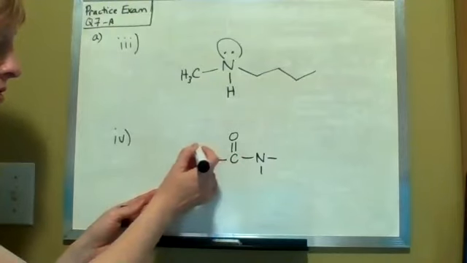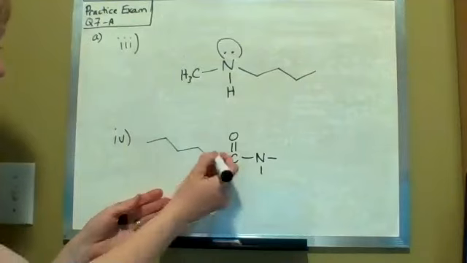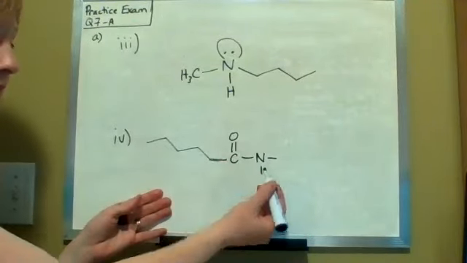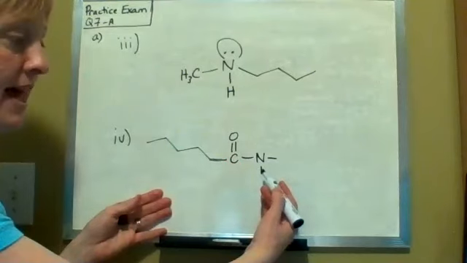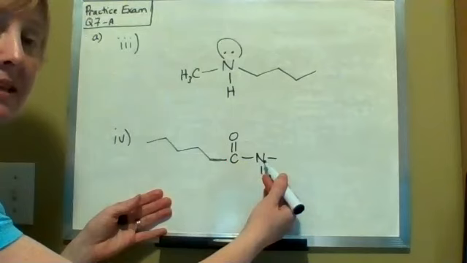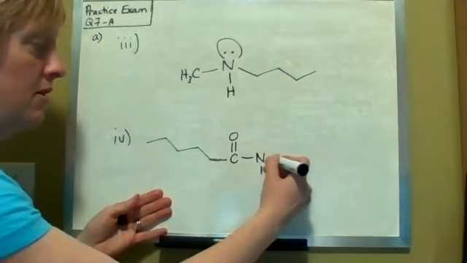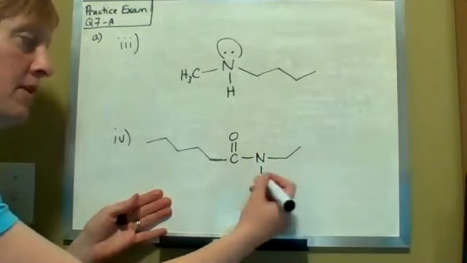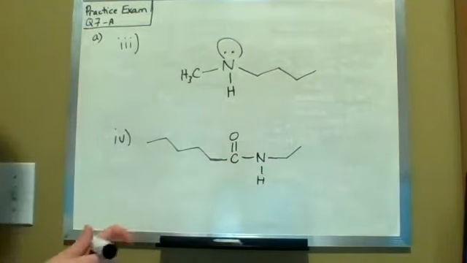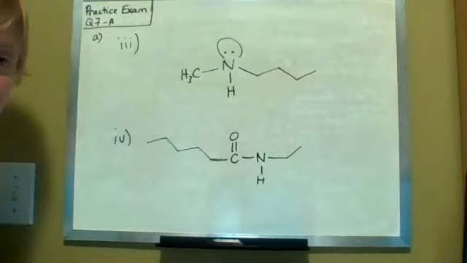There's 1, 2, 3, 4, 5, however you want to draw that out. Okay. And over here, they kind of specified it a little bit more. They said N-ethyl. So they're telling you that on the nitrogen, there is an ethyl group. 1, 2. That means this last place here is just a hydrogen. So there's 7A.